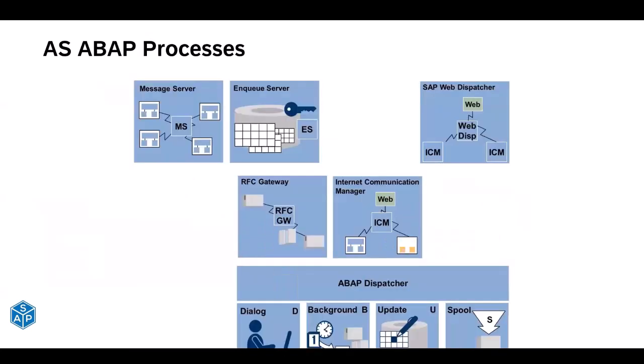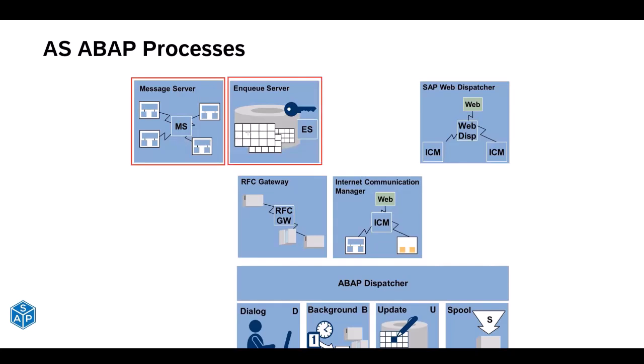Now coming to the AS ABAP processes. In the last screen we saw what the instances are, and now we will go deep into it, like what are the processes inside each of those instances. In the first line on the top of the screen, you can see two processes. One is your message server, and the second is your NQ server.